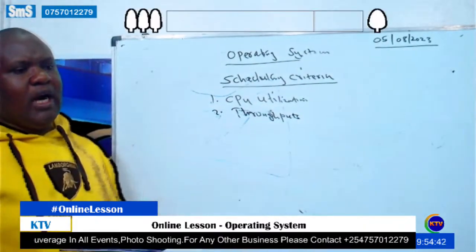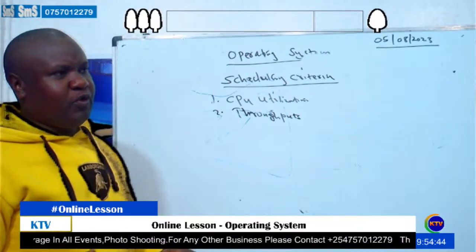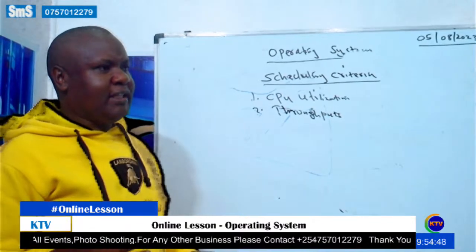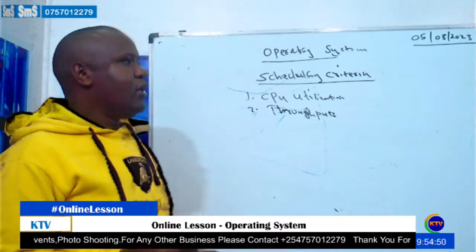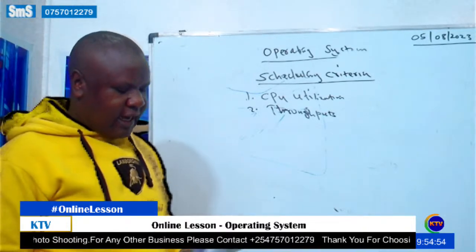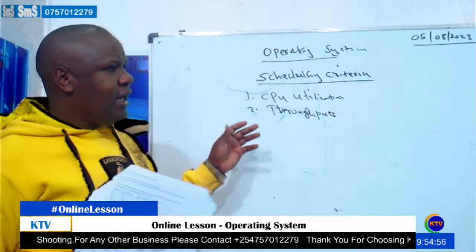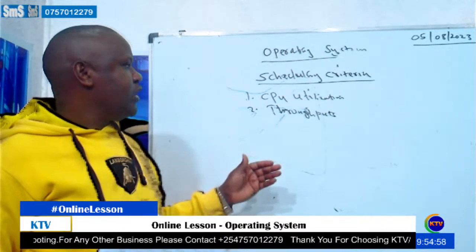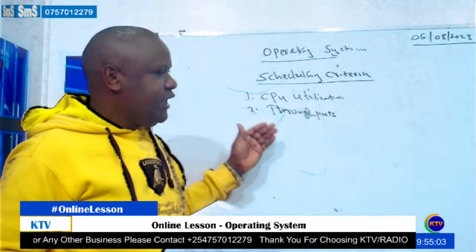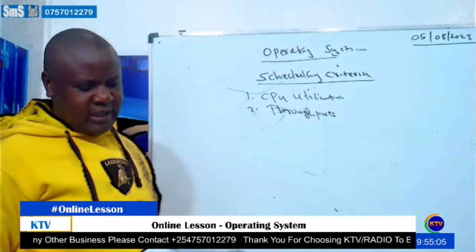Throughput. I've said that throughput is the number or amount of materials or items which are passing through a system. How can we ensure that there is an optimum utilization of resources, and that enough items are allowed to pass to the CPU?